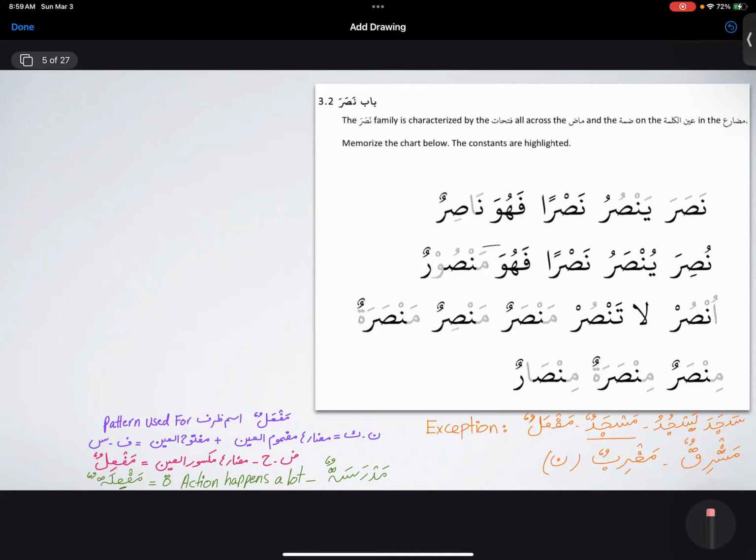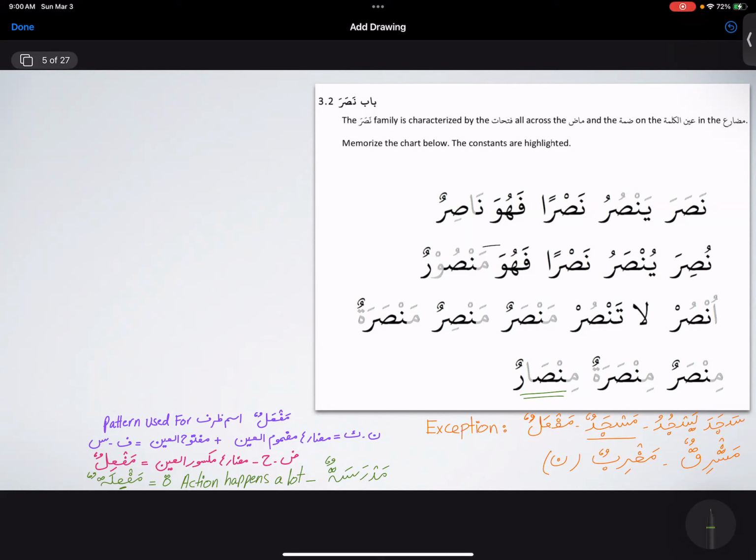So what could be Minsarun? Helper, right? No, it's the ala, the tool. Based on the pattern of Mif'alun, it is Minsarun. It is not the one who helps, not the person; this is the tool, Ism Ala.